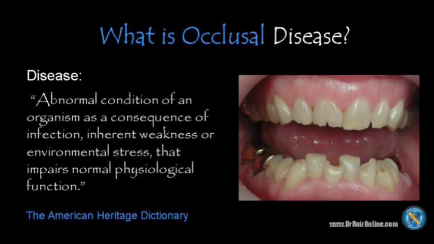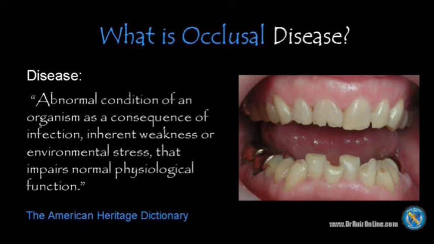And there's no doubt that occlusal disease fulfills the requirements to be a disease because it is an abnormal condition, it's pathological, and it causes dysfunction. It impairs normal function. And as you can see in this picture, it causes an incredible amount of damage, and our patients suffer a tremendous amount due to this occlusal disease.